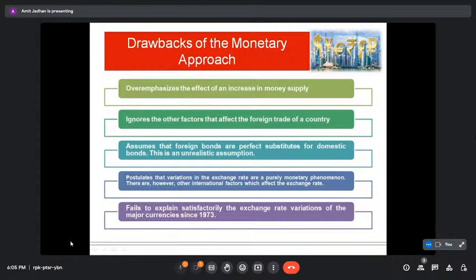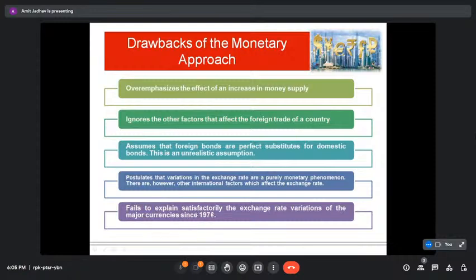We are ignoring the other factors, assuming foreign bonds are a perfect substitute for domestic bonds. Here we assume that foreign and domestic bonds are perfect substitutes for each other, but we can't say such substitution will exist. Similarly, the assumption is that variation of the exchange rate is a purely monetary phenomenon, but other effects also have an impact on the exchange rate.